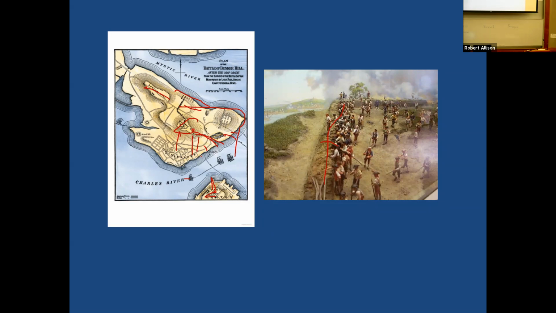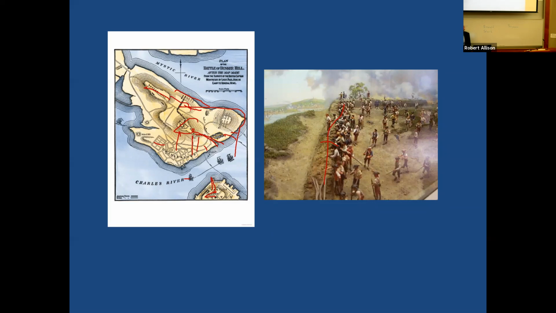At this point, a third officer arrives, and this is John Stark from New Hampshire, and he's in command of a New Hampshire regiment. And he looks at this scene, and he can't believe that neither Prescott nor Putnam thought to try to fortify this area along the beach, because any idiot can see that this is where the British are going to attack.